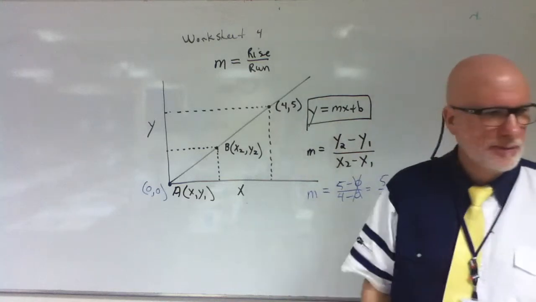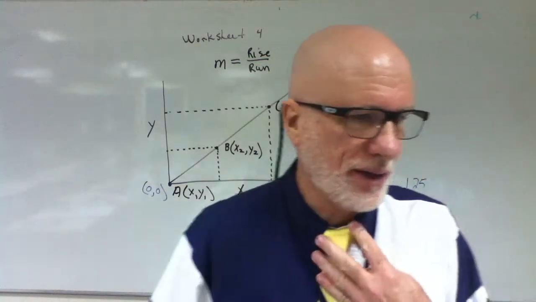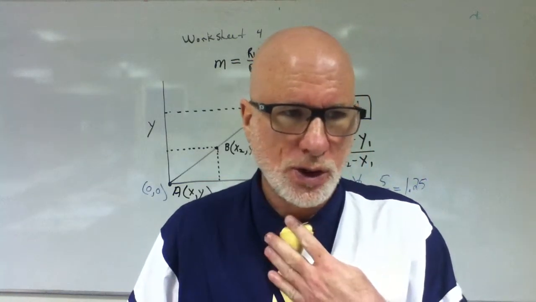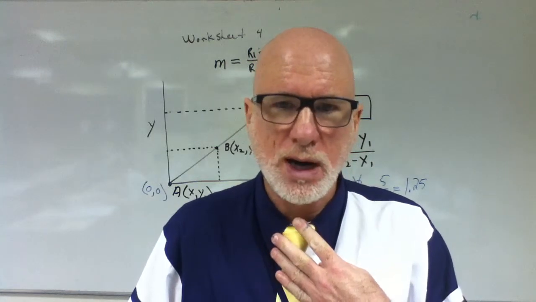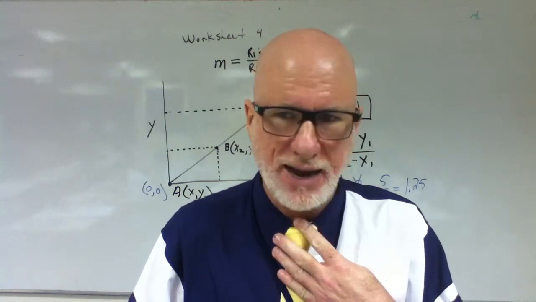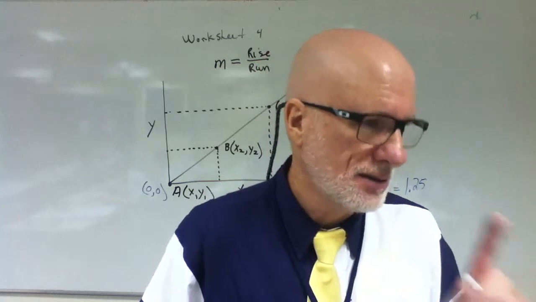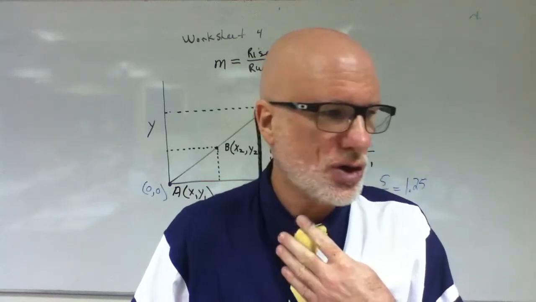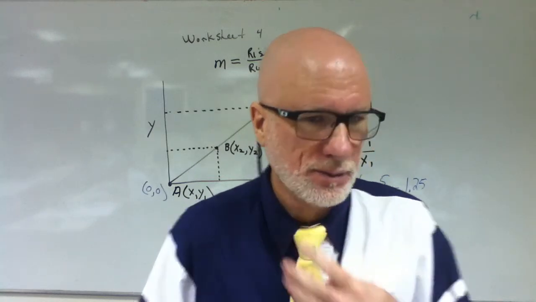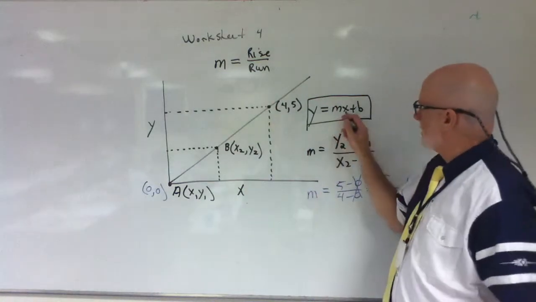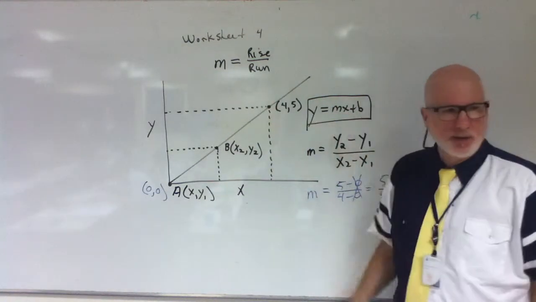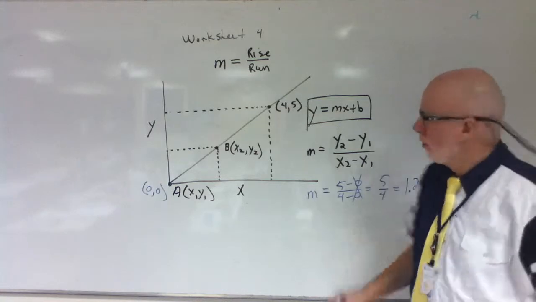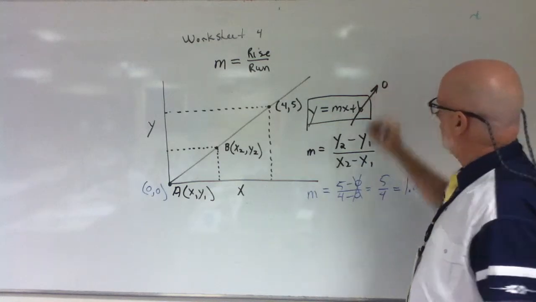We're going to do graphing where the graph always goes through the origin. This is x, this is y, and what's the b called? The y-intercept. But it's always going to be 0.